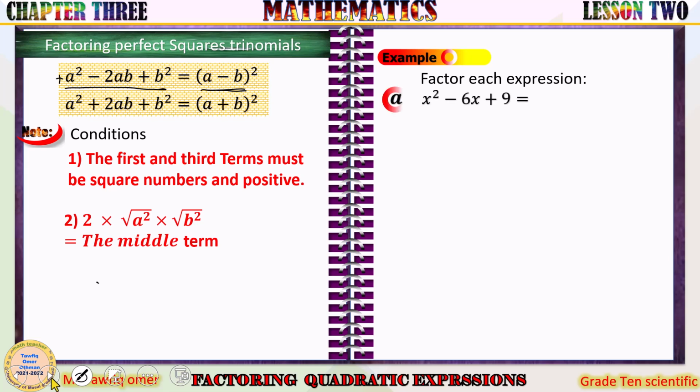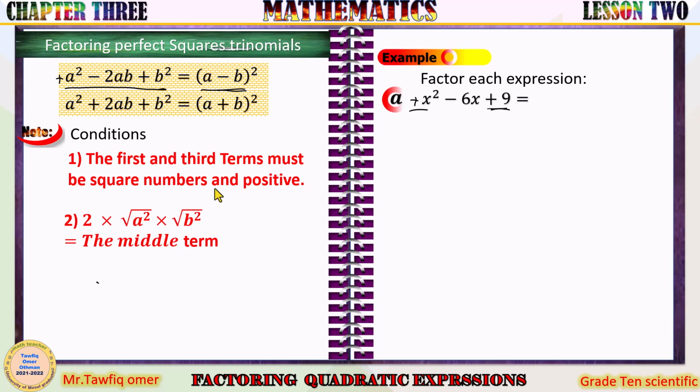A, x squared minus 6x plus 3. As you can see here, the first one is positive and square, and the third one is positive and square. That means it satisfies the first condition.